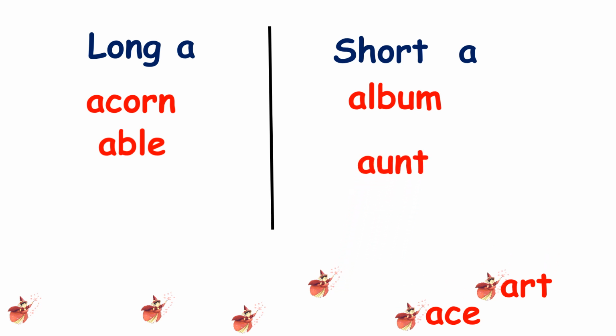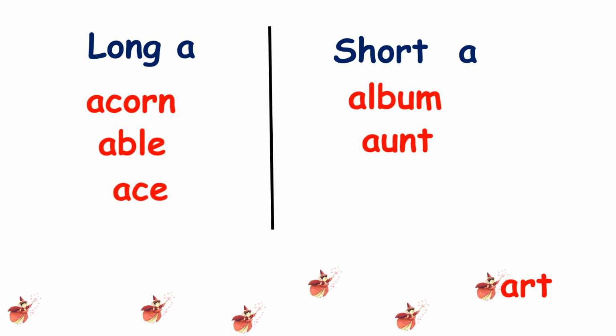Then we have ant, ah. Then I have ace, A, ace. Art, ah, art. So check your books and see if you had the correct answers. And if you got any wrong, you will just put the correct answer next to the one that you got wrong.